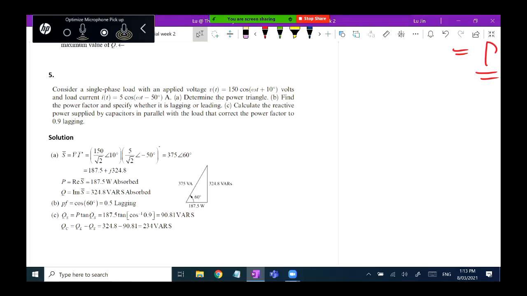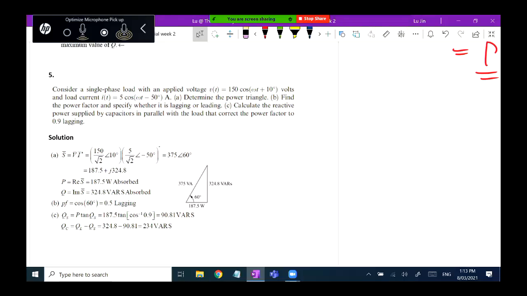So we define leading as the current leads the voltage, or lagging as the current lags the voltage. But in this question, based on the voltage and current going through the load, the phase angle for the voltage is positive 10 degrees. Can you see that? And the angle for the current going through the load is negative 50 degrees.